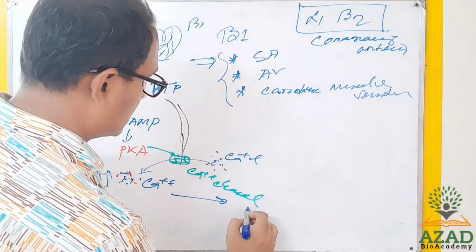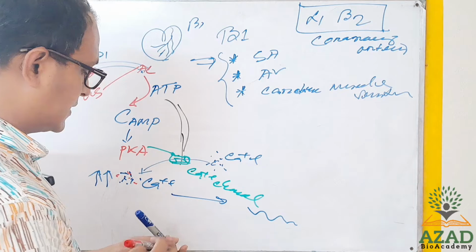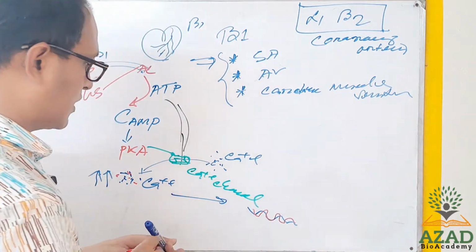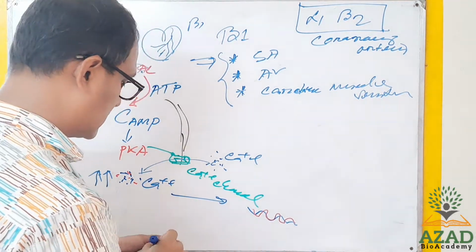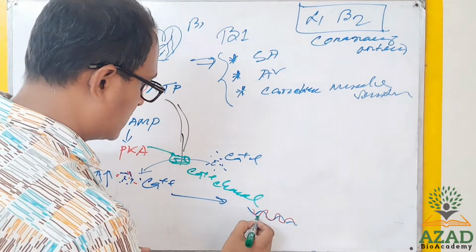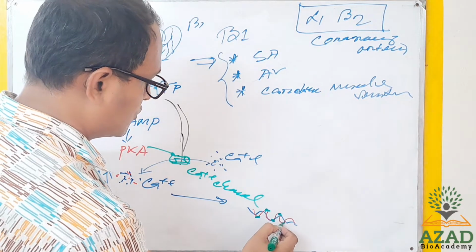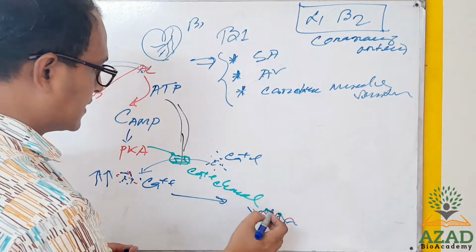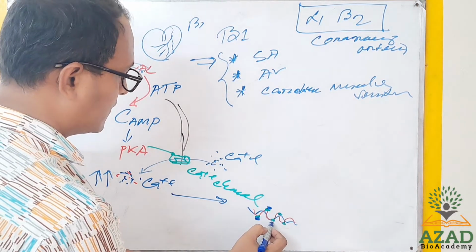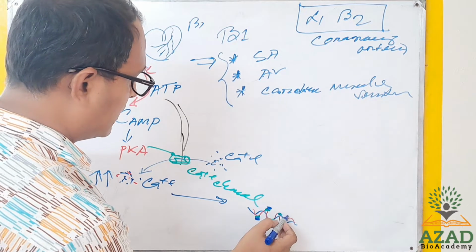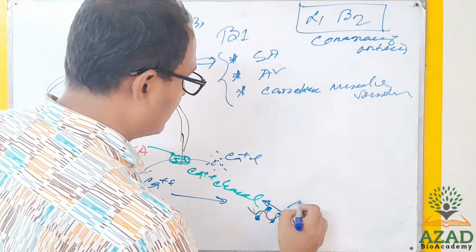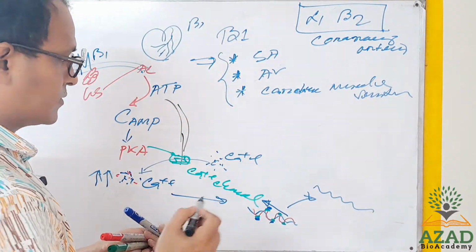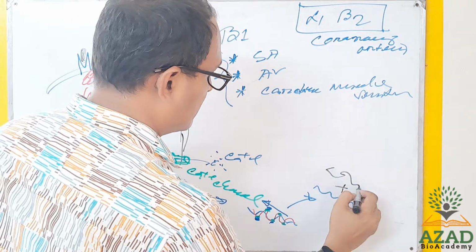Okay, how? Just very briefly I will explain. If you think this one is actin, and actin is covered by tropomyosin, and in the helical region the tropomyosin carries the troponin, and troponin is the calcium binding protein. So what will happen when calcium binds there with troponin? Then the tropomyosin will be removed from here. Then your actin will be free, and that actin will bind with the myosin.